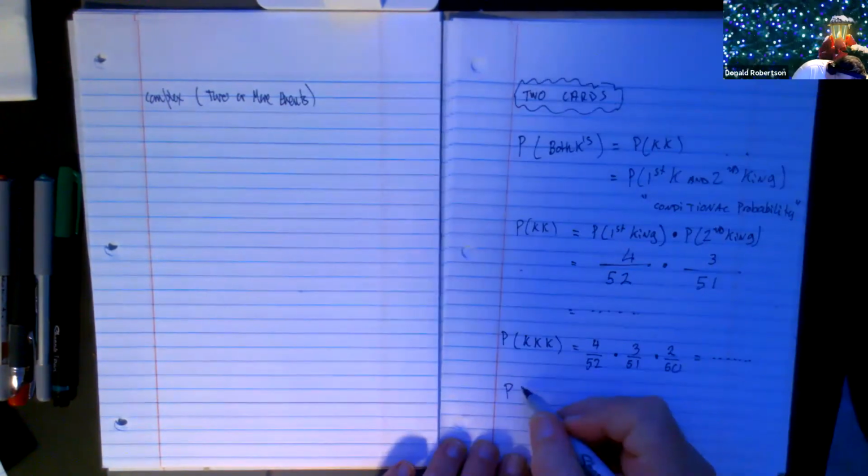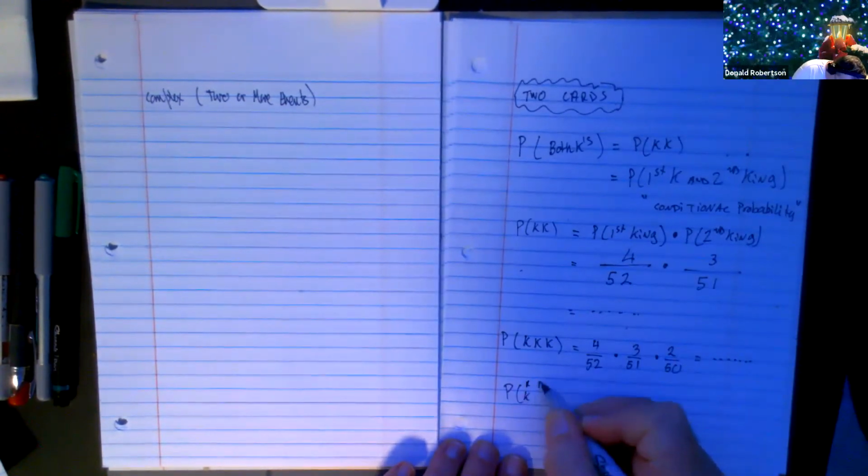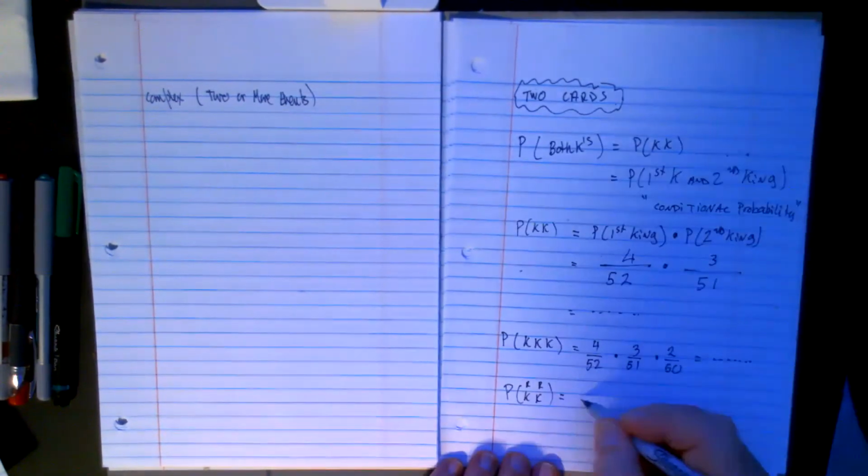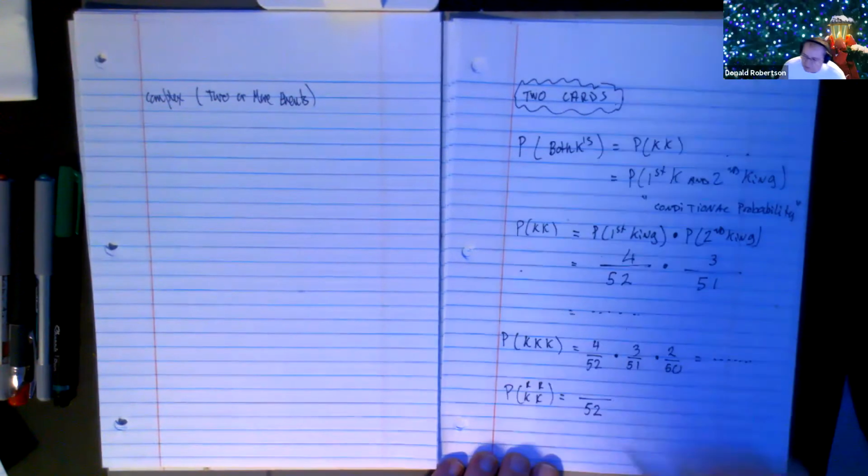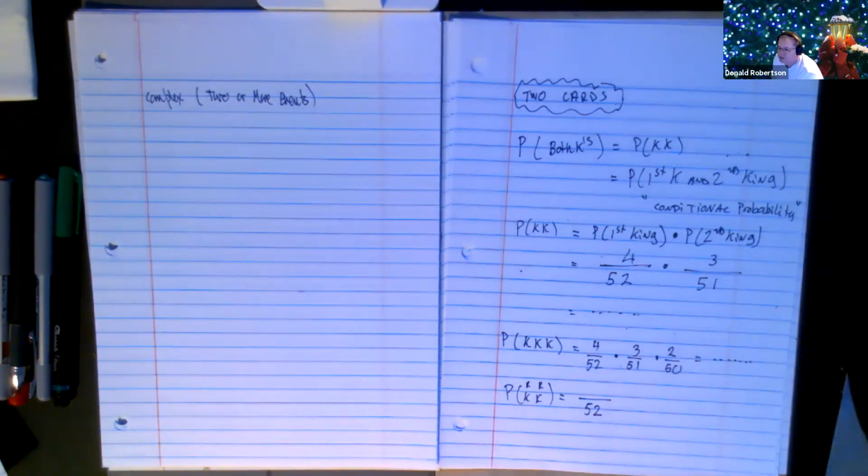Professor? Yes. So let's say I want to know, what are the odds of pulling both red kings? Okay then. So red king, right? There are 52 cards. How many of them are red kings? 2.